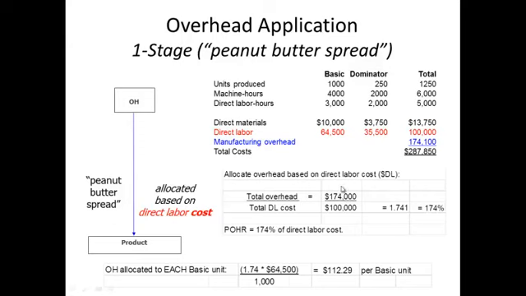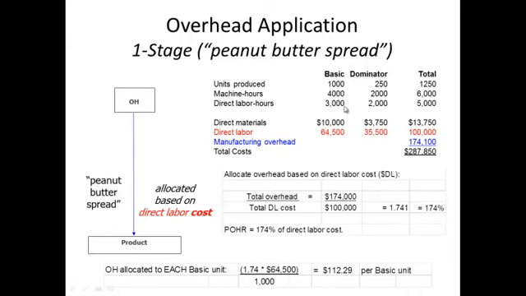Whenever you have overhead being allocated using an allocation base that's denominated in dollars, in this case direct labor dollars, notice you have dollars being divided by dollars. So sometimes you'll see this written as a percentage, 174%, which of course is the same thing as 1.74. If an overhead allocation rate is 174% of labor costs, that means that whatever your labor costs are, you will take 174% of that, and that will be the amount of overhead that is being allocated.